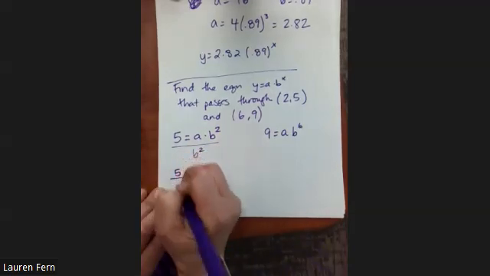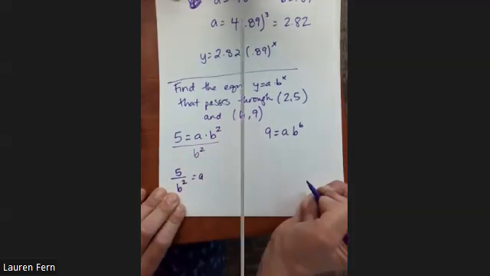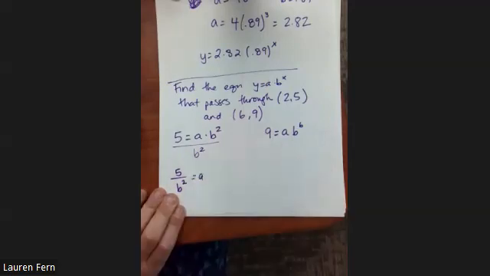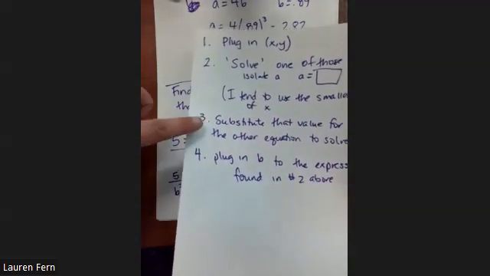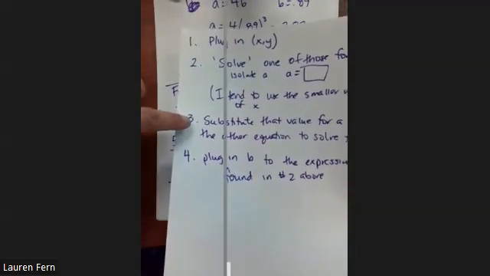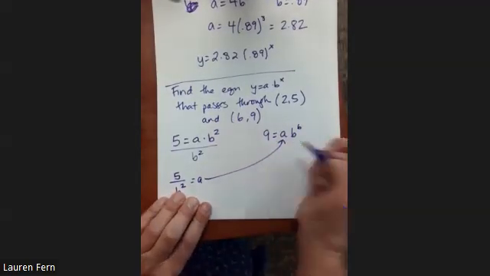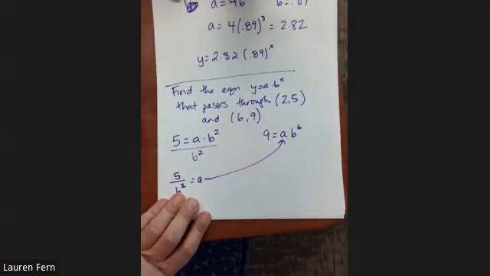So do you agree a is 5 over b squared? You with me this far? Okay. Now, what do we do with that? We substitute that value for a into the other equation to solve for b.